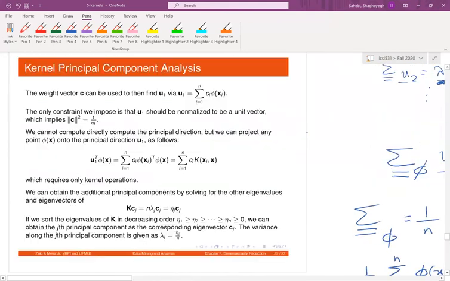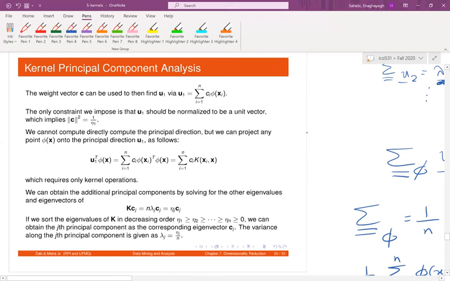Instead, we tried to project our data points onto the direction ui, and we figured that the projection of our data points in the new feature space onto the first direction of kernel PCA is basically a weighted summation of the kernel between all of our data points and that specific target data point that we are projecting.